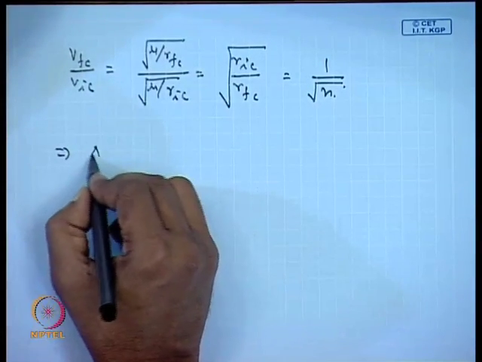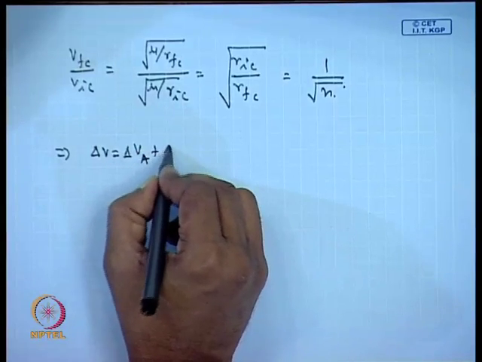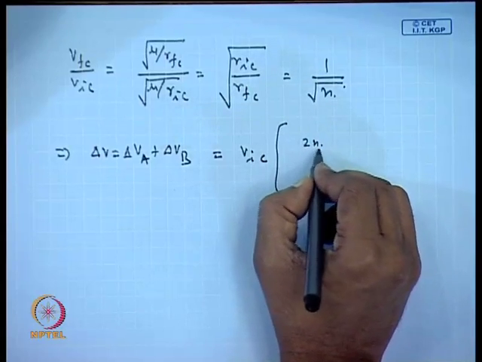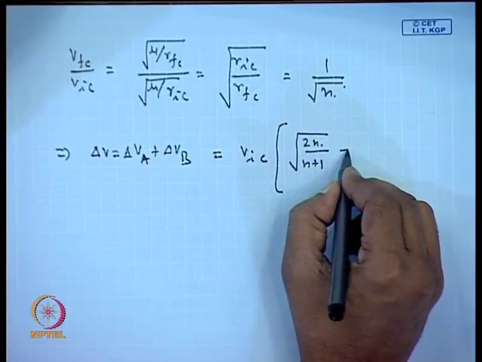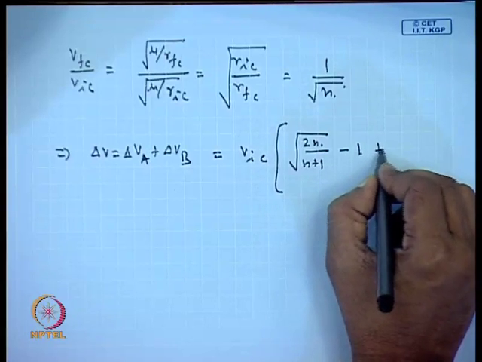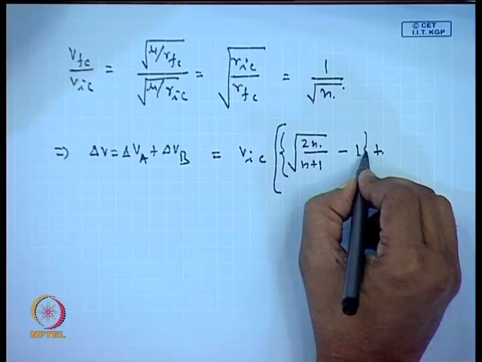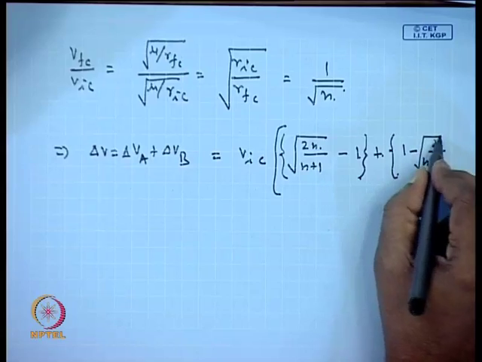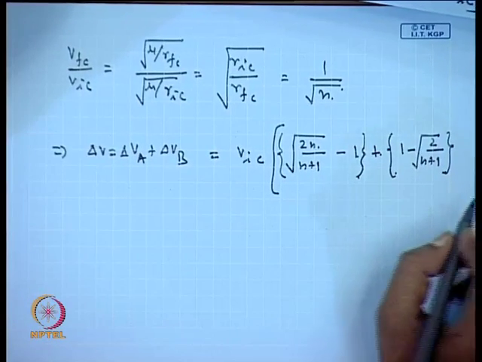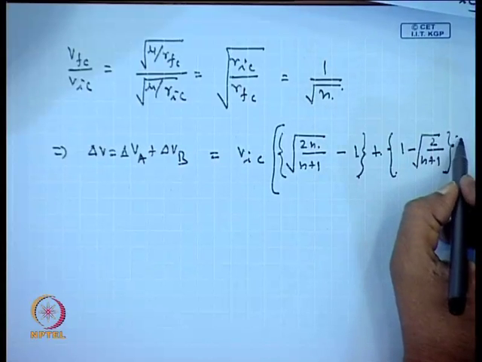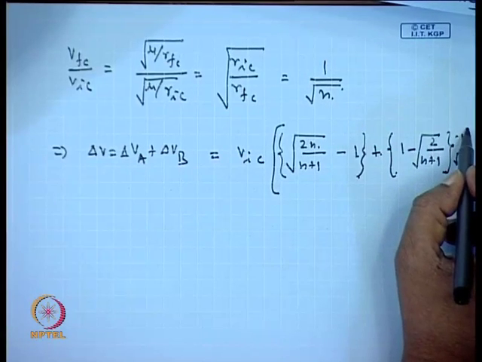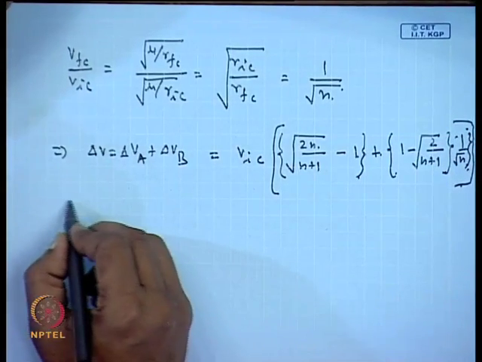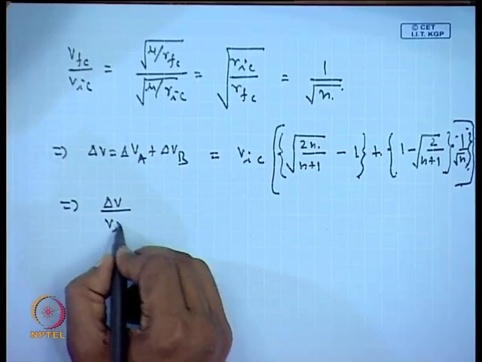So, thus we have delta V equal to delta V_A plus delta V_B is equal to V_ic times the bracket: square root of 2n divided by n plus 1, minus 1, plus, and V_fc by V_ic we can write here as square root of 1 by n, times the square root term, and close the bracket. So, this implies delta V by V_ic.